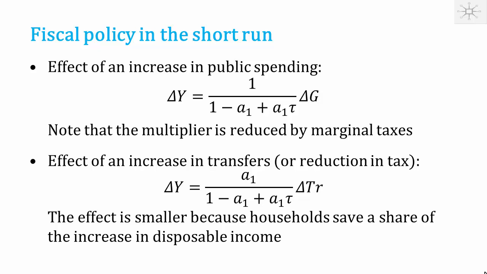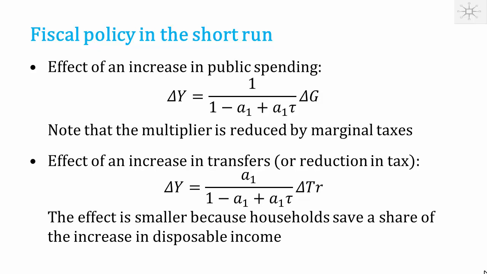If we increase the transfers instead or shift down the tax schedule, then we get a multiplier which is similar, but it has an a1 in here in the numerator. And since a1 is smaller than 1, we see that the effect of a reduction in taxes is smaller.